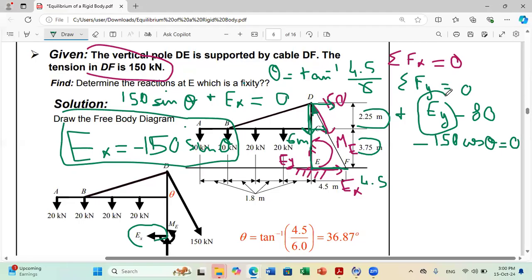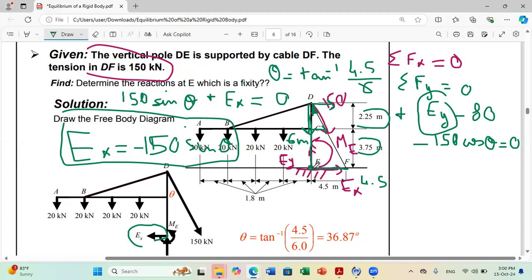You still need to solve for one unknown, which is the moment reaction at E. To solve for the moment reaction at E, you can do sum of moments about any point on your figure, okay? The easiest point you can consider is E, if you want.